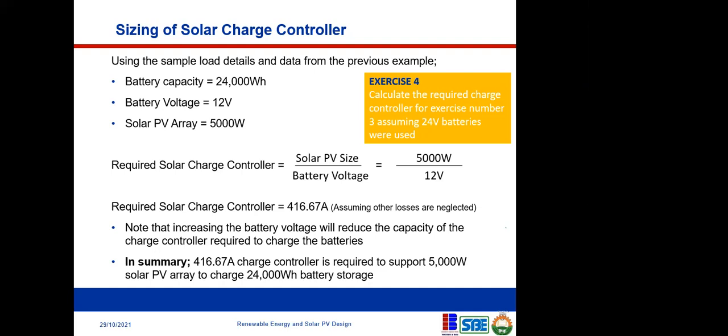So what we are looking for here is the hours required for that battery to be fully charged. But I think we can just play around with the formulas and do that calculation.